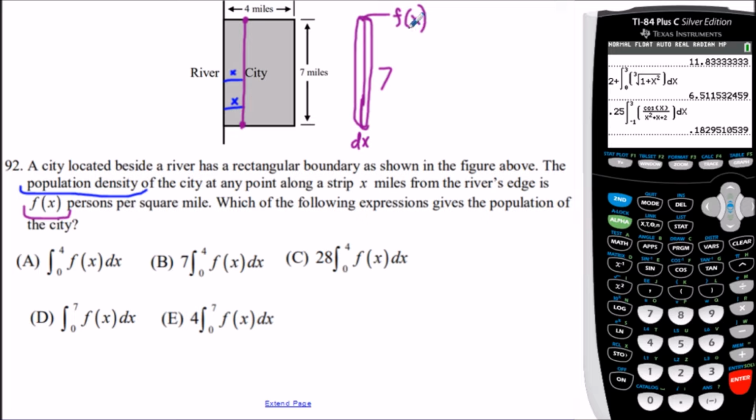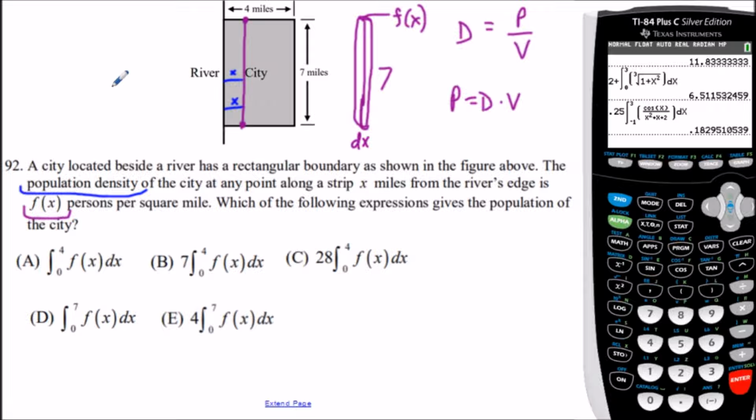So the idea, if we want to find population, remember the idea of population is that density is equal to population like over a given volume or area of land. So the population, we're going to be doing the density times the volume or area. In this case, it's more of an area concept, like 7 times dx. So that means to find the population, we just multiply these things together.